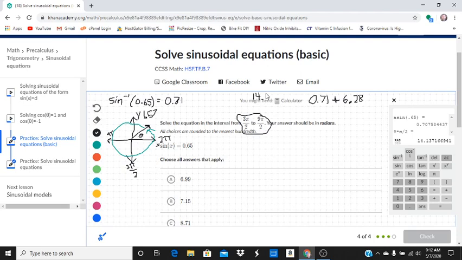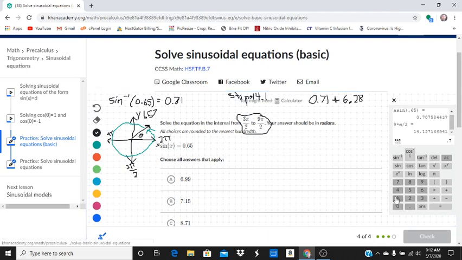So we have to stop there, at 14.1. Okay, so let's do 0.71 plus 6.28. That's 6.99.